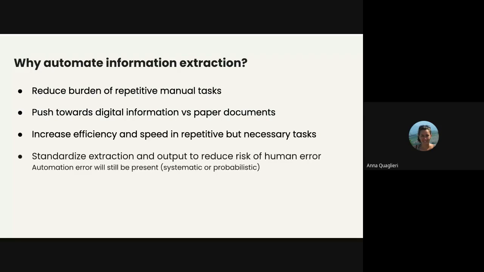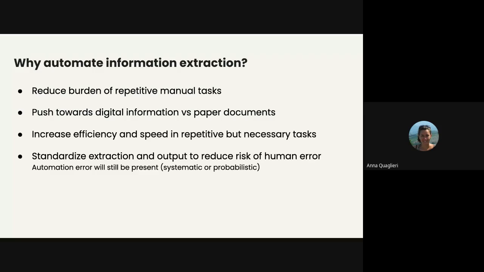And finally, if we automate something, it means that we can standardize the extraction and the output in order to reduce human error, which might be more variable during the day, during the week. This is not to say that the machine won't have any error. The automation will still carry some error. It's not going to be perfect. This is something that I won't touch on today, but it's really important to keep in mind.